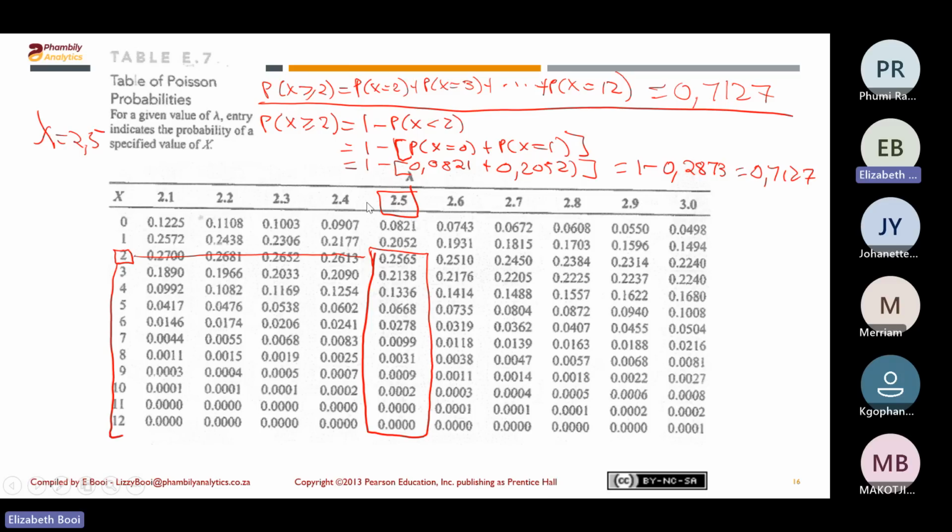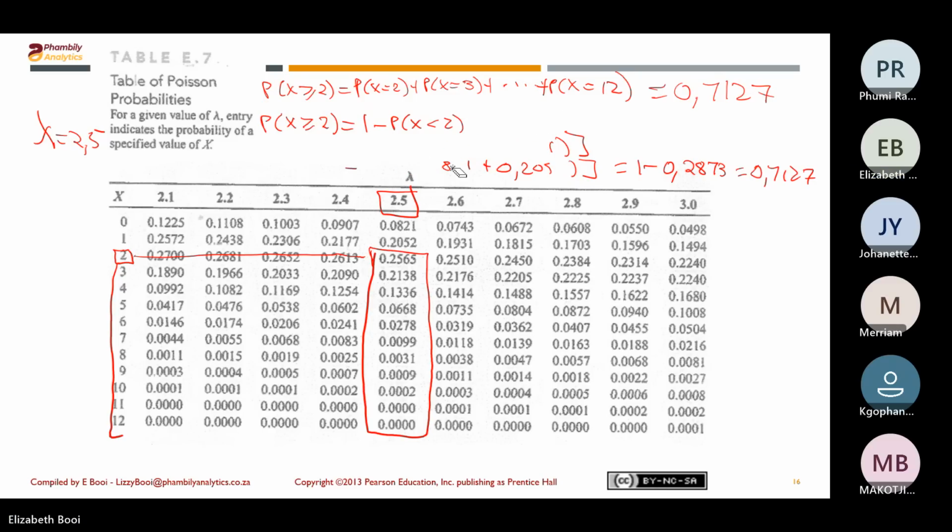The complement of greater than or equal to 2 will be less than 2. Sometimes you can write it differently, but it means one and the same thing.